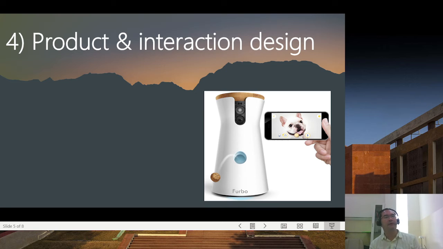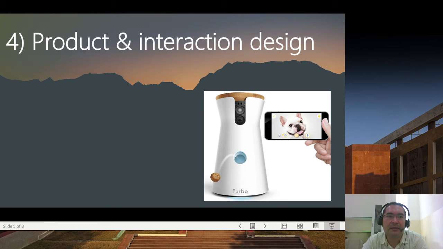The fourth principle I would say is the classical considerations about product and interaction design. All the things that you learn in your courses about industrial design, product design, and how to design the interaction of your user with different devices remain true.